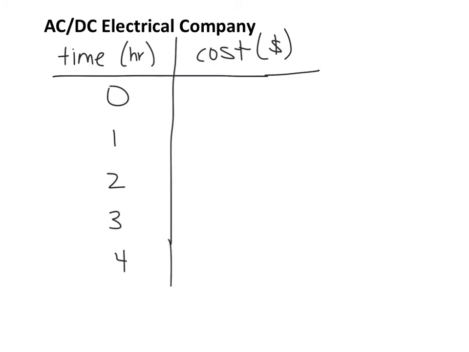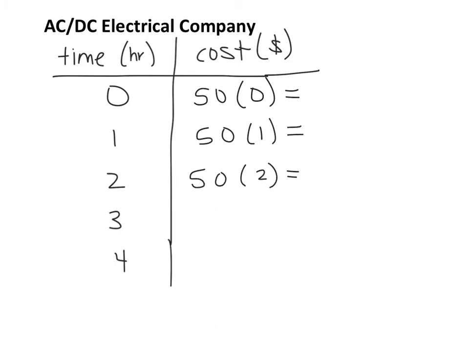We're going to do the exact same thing for the AC/DC Electrical Company, but we're just going to make sure that we use the equation that we developed for this particular company. And the equation for this company was 50 times H, or 50H. So we have 50 multiplied by the number of hours. So we can just do 50 times 0, 50 times 1, 50 times 2, 50 times 3, and 50 times 4.